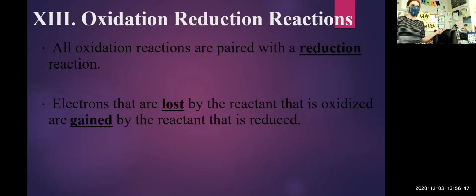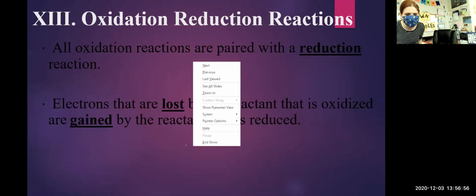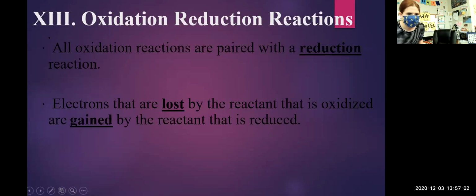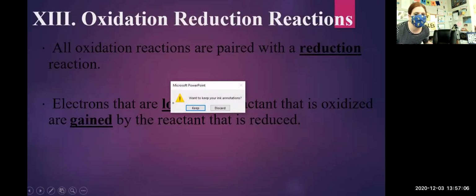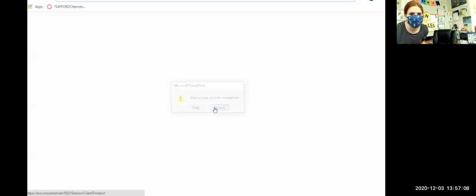So who's gaining what? Can't see. Oh, it's black. Why is this? You're right. I don't know why this is purple. Whoa, where'd it go?